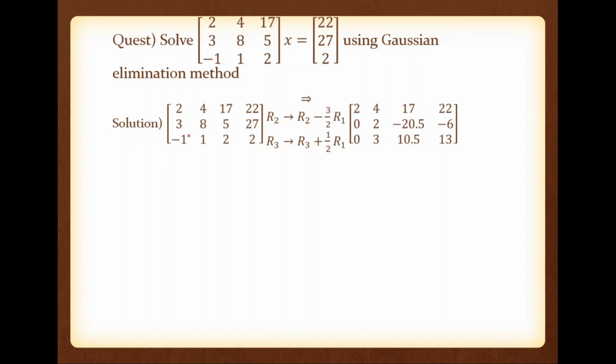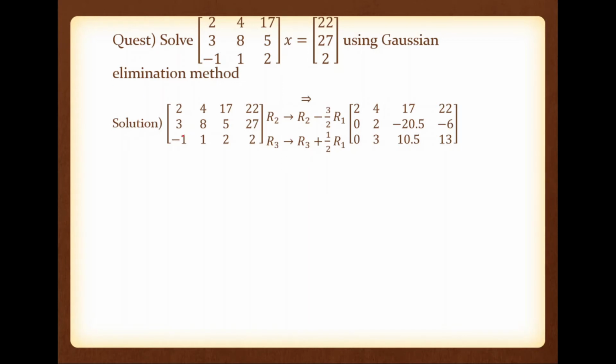Now from the third row we have R3 plus 1 by 2 R1, so minus 1 plus 1 by 2 into 2, so that is 0. Similarly 1 plus 1 by 2 into 4.